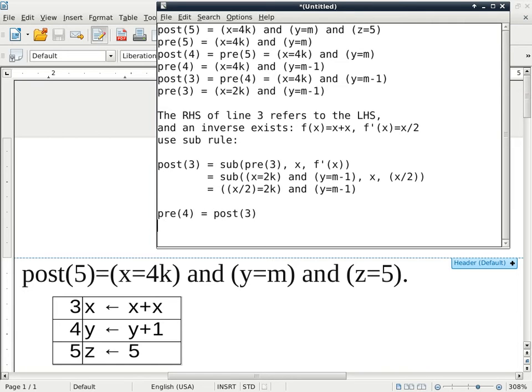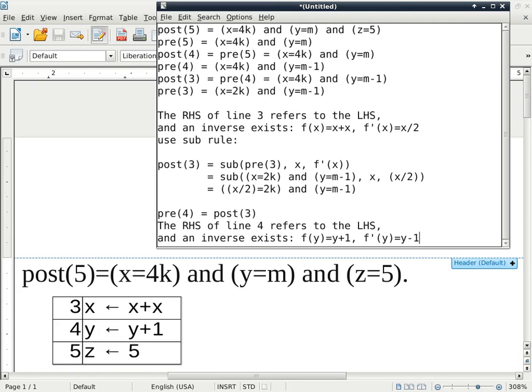The right-hand side of line 4 refers to the left-hand side, and an inverse exists. In this case, f of y is y plus 1. So to inverse, or to reverse that, you have to subtract 1. Are we doing okay so far?